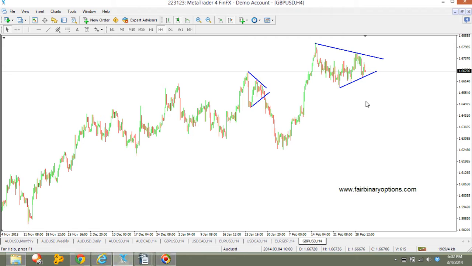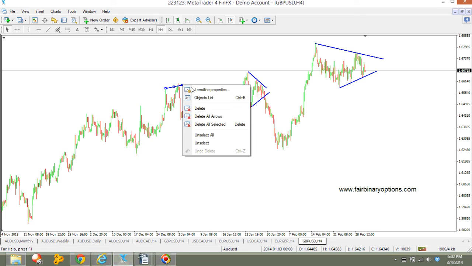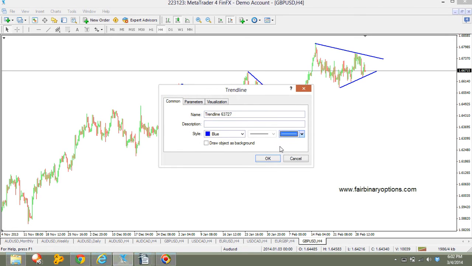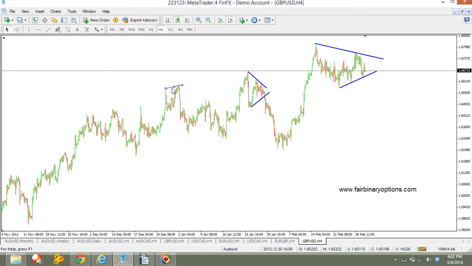So what we might have here out of these two triangles is that the move that ended here with this rising wedge, this one here, would be 1, 2, 3, 4, 5. Let's make this one a bit smaller so that we know that this is a smaller pattern, the pattern that we're looking for.